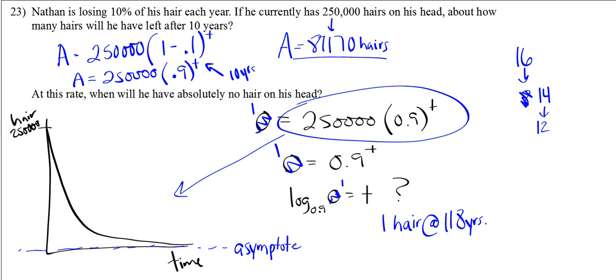It's 12.6, and then we're going to lose another 10%, and we'll get to 11. So the progression, you can see at first the very steep slope, and then towards the end, your change is much less drastic. So it's going to take us a really long time to get to 1 hair, and then we're probably going to lose that one too. We're going to just give it up. We're going to stop doing the whole comb over thing.